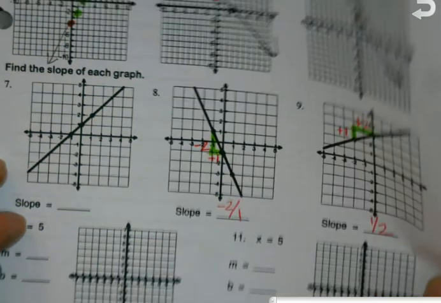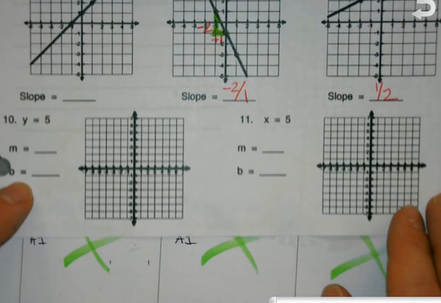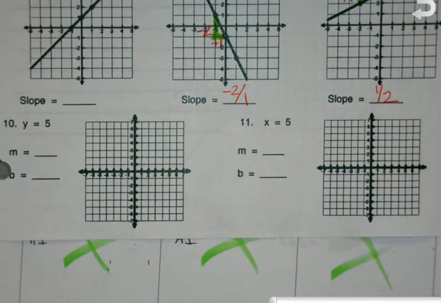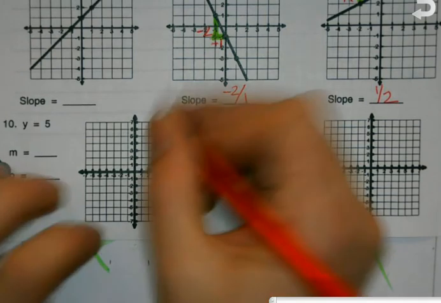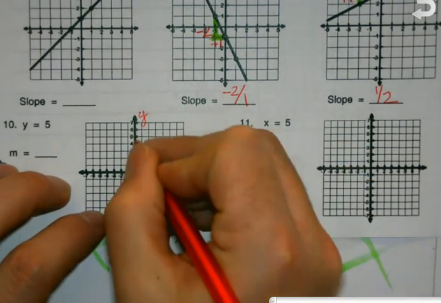One last review here on the bottom of our x's and our y's. If it's y equals, first question, which direction do I go to get to where y is going to equal 5? Okay, put it out.